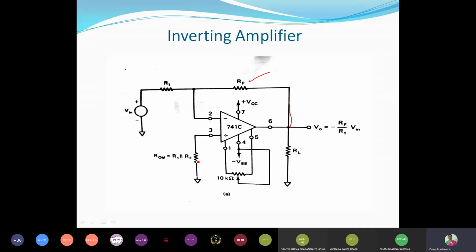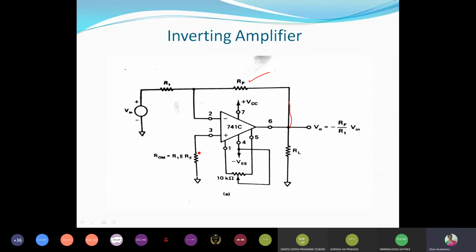Sometimes we use a compensation resistor, the value of these two parallel resistances, connected here. We will come across this point in future.